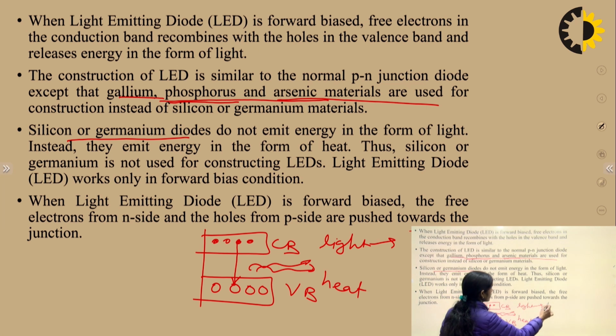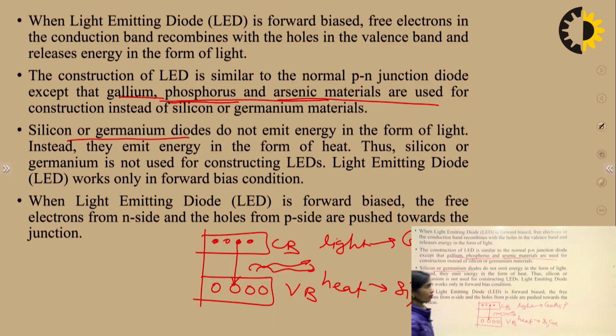Light emission takes place in gallium arsenide and phosphide materials, and heat is generated in silicon and germanium. So, when these materials are used, we get the LED.